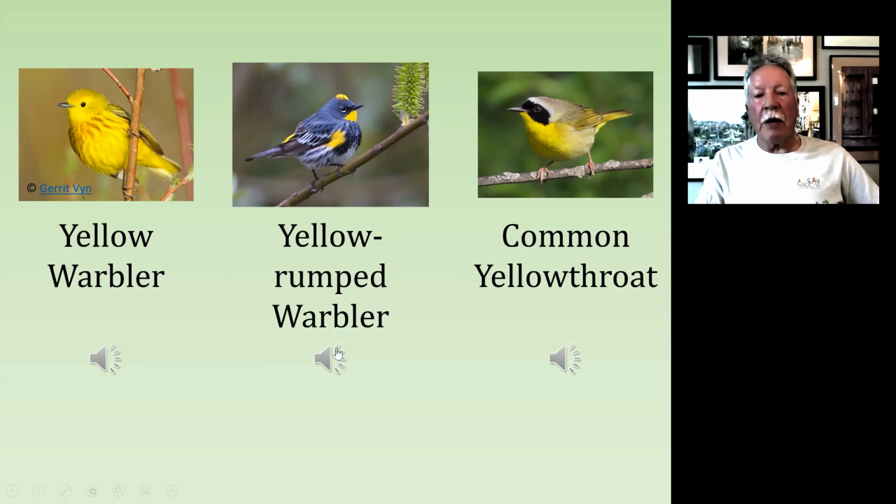You can hear that it drops off a little bit in the second part of the song. So not a very strong song at all, and doesn't carry very far. And that's another characteristic I use, for example, to separate it from the MacGillivray's warbler, which we'll listen to in a second.